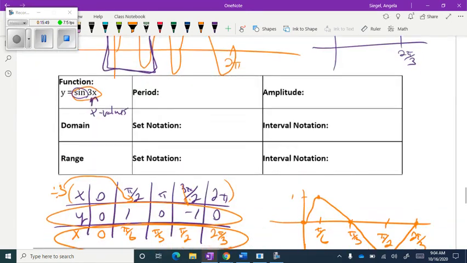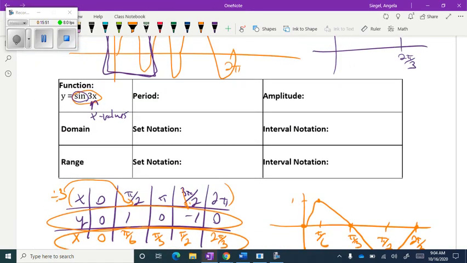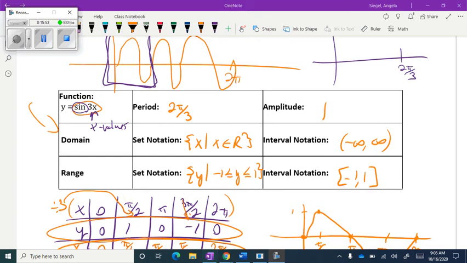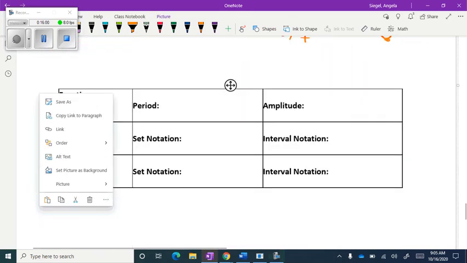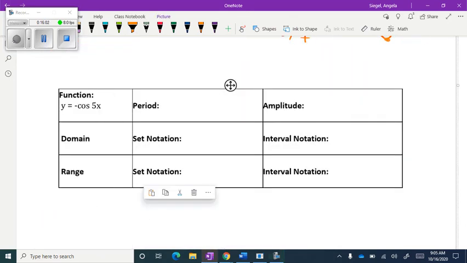Okay, I want you to go through and see if you can answer everything in here. Okay, these should be your answers for everything there. So go ahead and see if you can go down here and do this cosine function. Notice we have an amplitude here, and we have something that affects our period there.